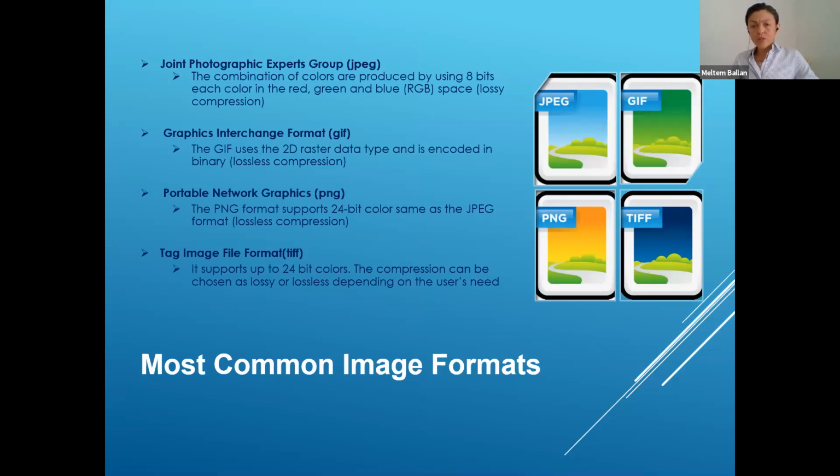They are stored in 16 million colors. The combination of colors are produced by using 8 bits each color in red, green, and blue. The compression is 10 times more powerful than bitmap to store images without degradation. However, high compression rate might cause noticeable noise and quality issues in the image.